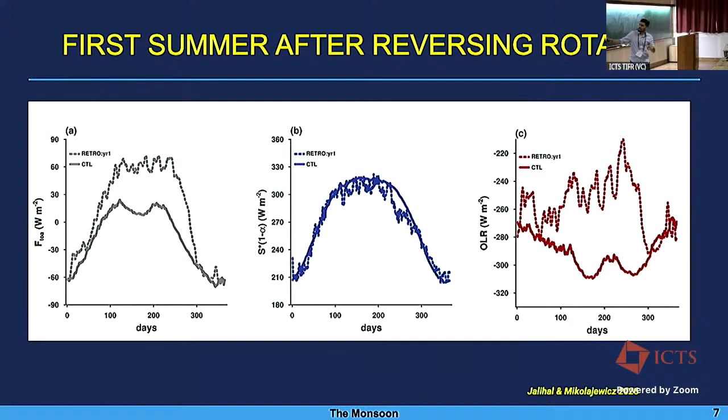But in the reverse rotating world, it goes on further and further, reaches a maximum value, and then goes down following the seasonal cycle. Now, if we look at its components, the absorbed shortwave and OLR, there is no major difference between control and retrograde in the absorbed shortwave.